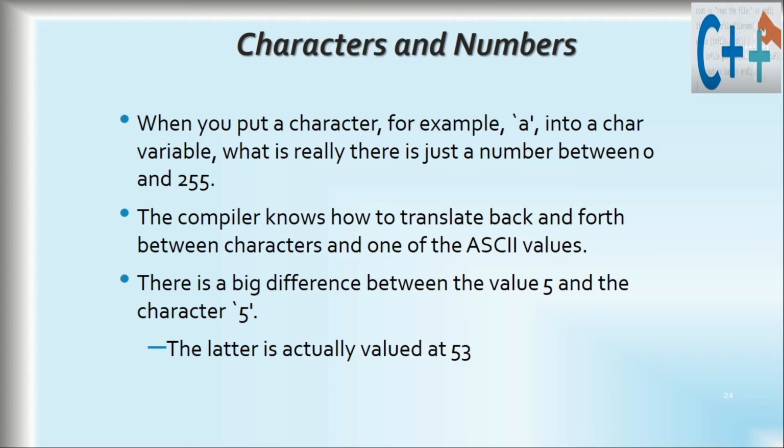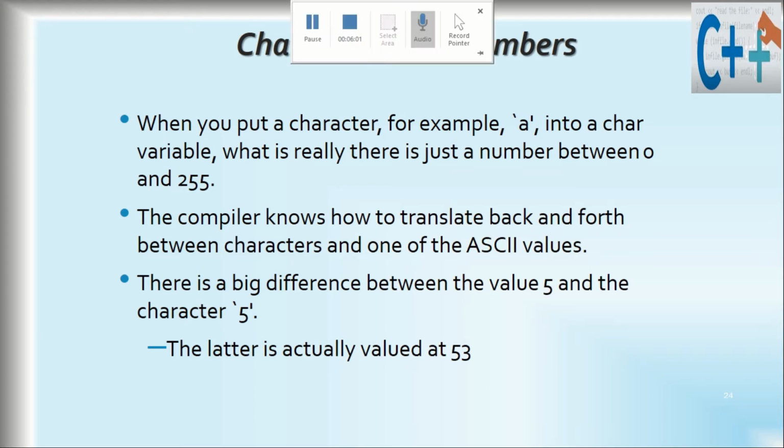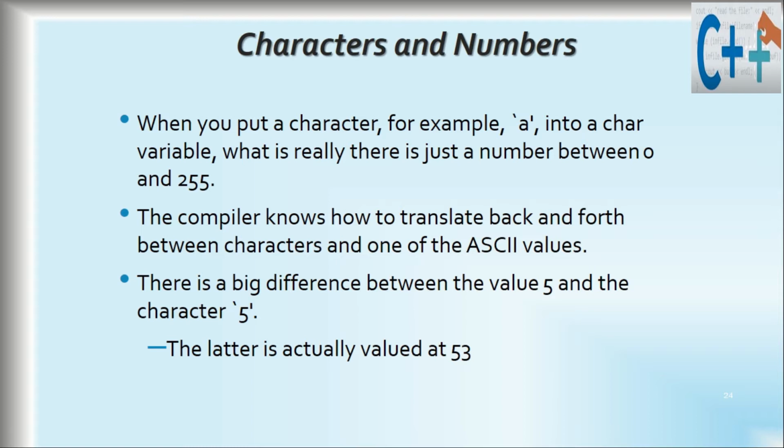Characters and numbers. When you put a character, for example a, into a character variable, what is really there is just a number between 0 and 255. The compiler knows how to translate back and forth between the characters and one of the ASCII values. So there is a big difference between the value 5 and the character 5.